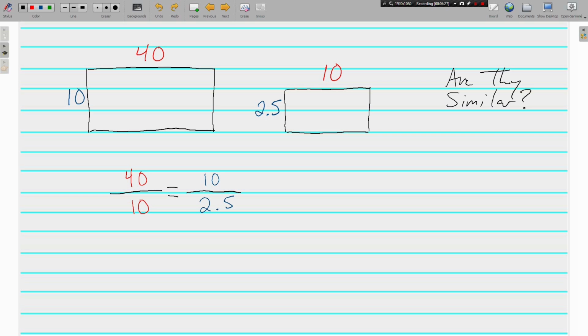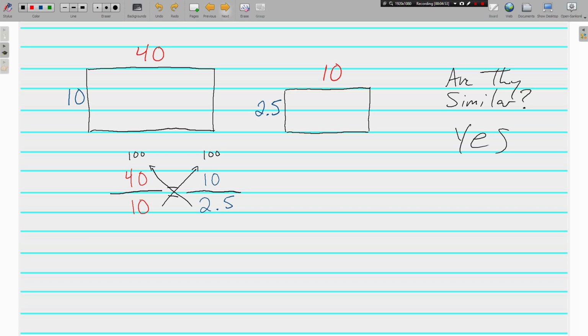Put it in your calculator if you need to. Probably don't for this one. 10 times 10 is 100. 40 times 2.5, also 100. So again, yes, these two rectangles are similar because their corresponding sides are proportional.